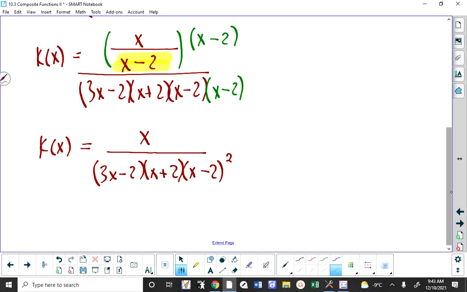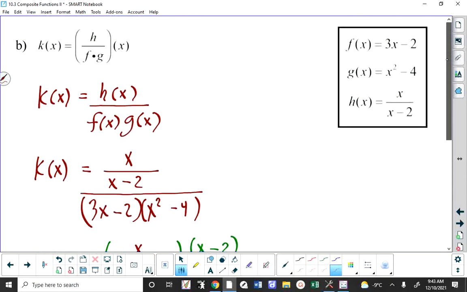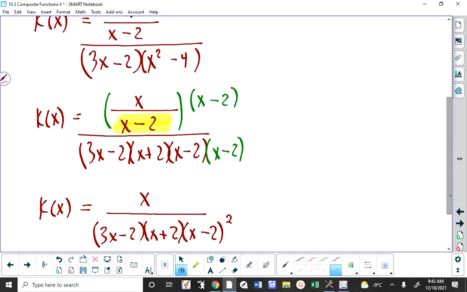We end up with x minus 2 quantity squared on the bottom. And that's the answer. I suppose you could say, looking at the original functions, we used all three of these, so x cannot equal 2 because of h of x. As well, x cannot equal negative 2 because we were dividing by x squared minus 4.